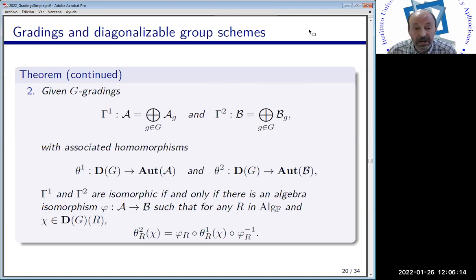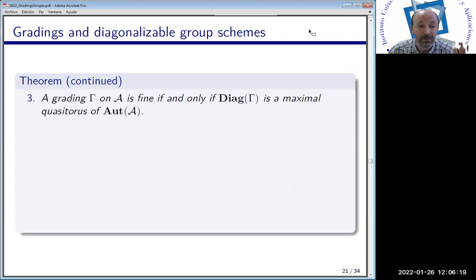And something similar happens for the problem of equivalence. I will restrict to fine gradings. And for fine gradings, what happens is that the grading is fine if and only if the corresponding diagonal group scheme is a maximal quasitorus of the automorphism group scheme of A. So take the grading, take the universal group of the grading.